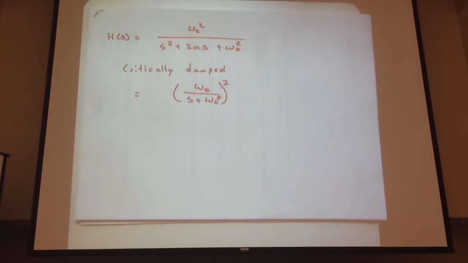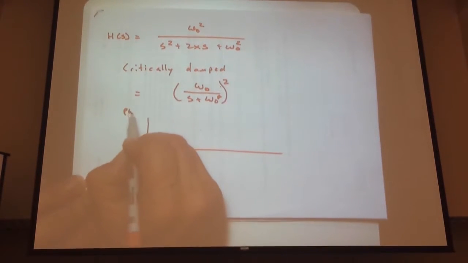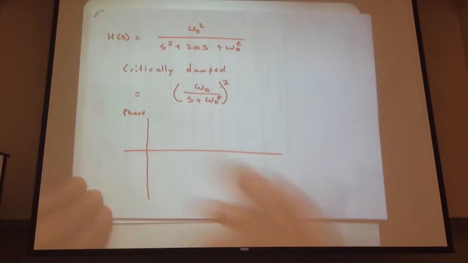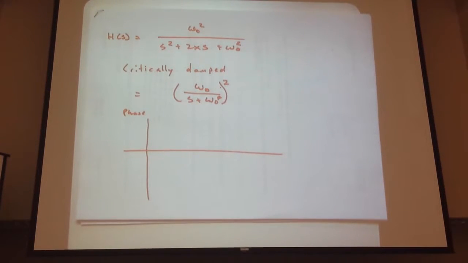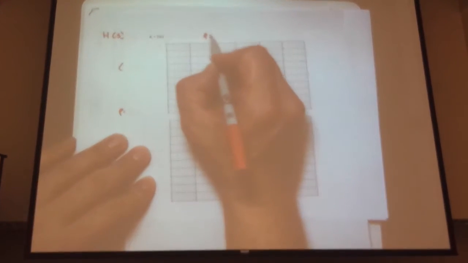And so if we look at this in our phase plot, what does our phase plot look like? And I should probably use blue paper. If this is our critically damped case, there's omega naught, phase.